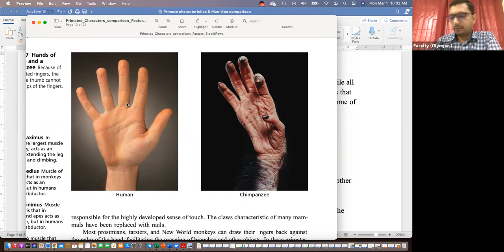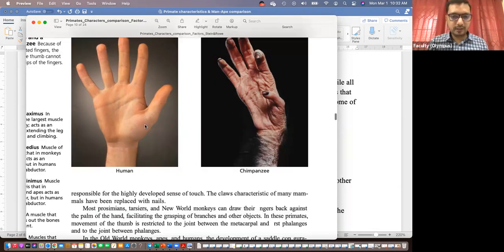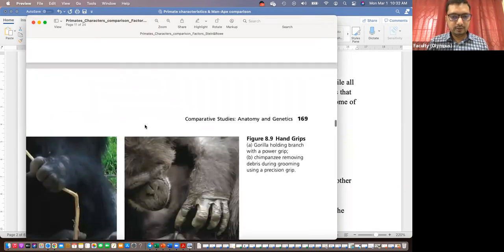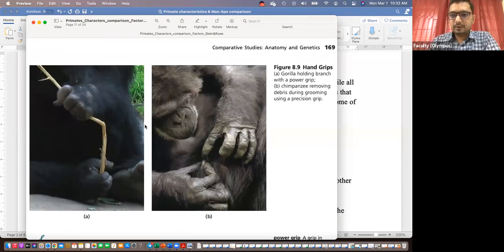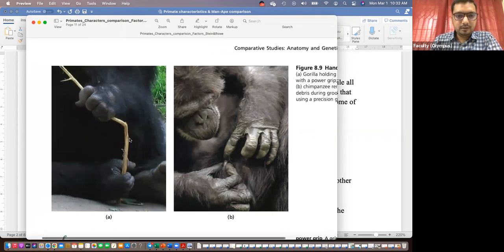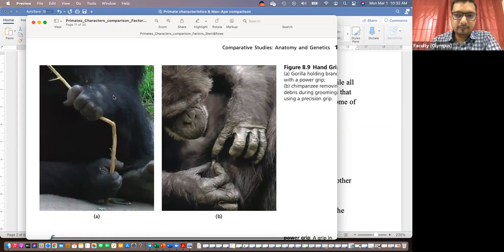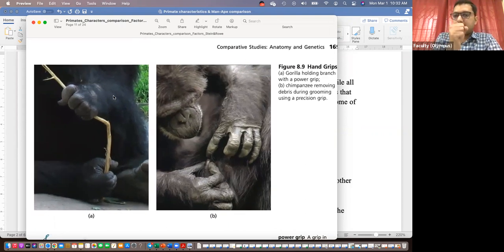Why do we need opposable thumbs? They are needed for two things. One is power grip, for better holding of things. What do you notice in the image here? A gorilla is holding a branch with power grip, with enough strength.